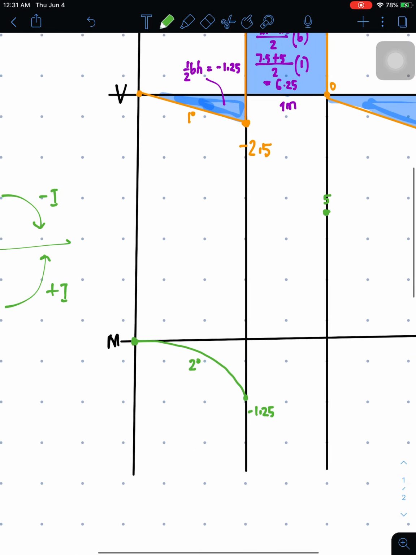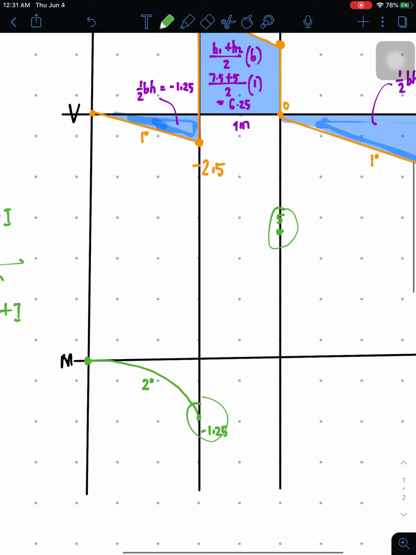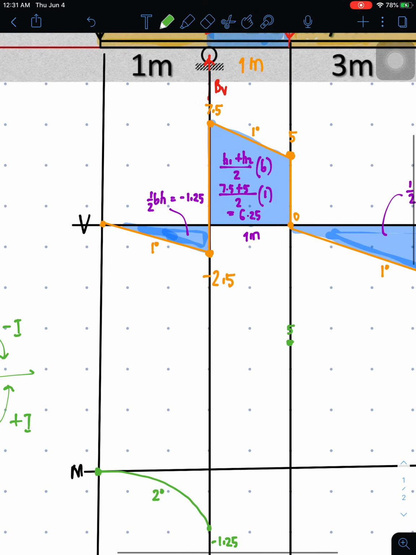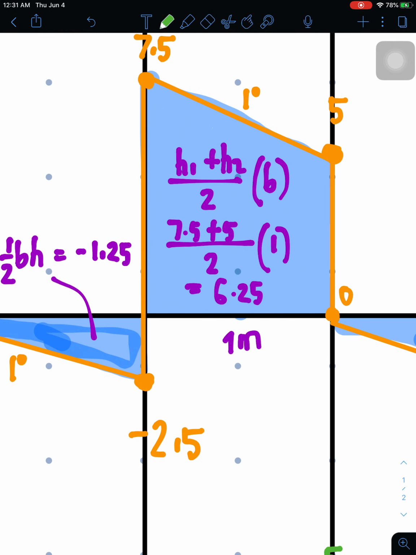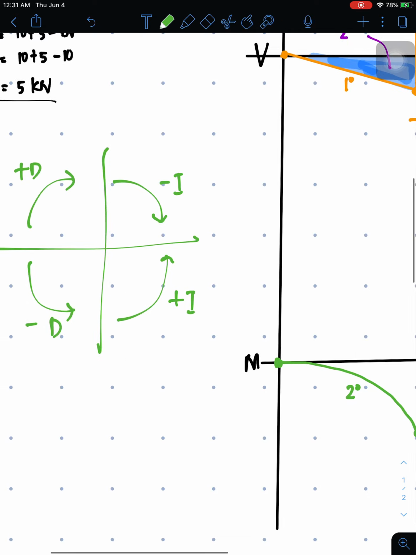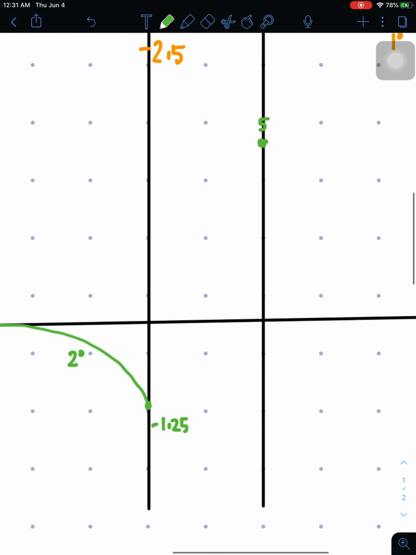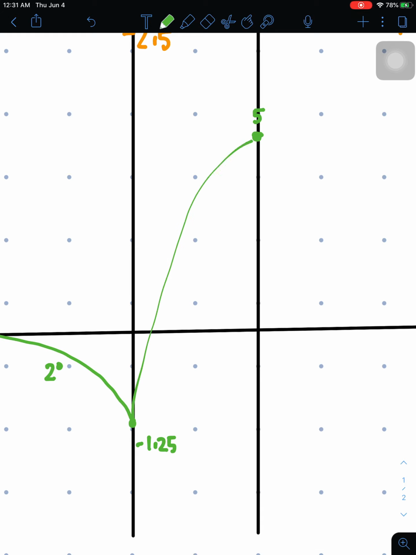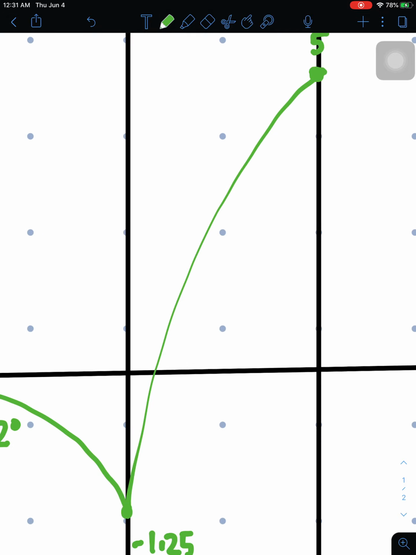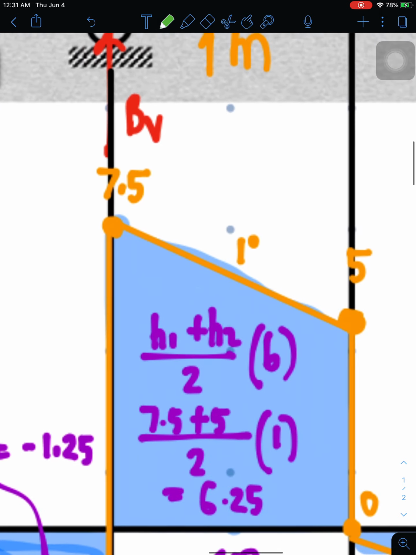Next, we're connecting the 5 and the negative 1.25, and atong i-base niya diri. This is positive area, so it's positive. And then from left to right, the lines are decreasing, so positive decreasing. How do we plot positive decreasing? So this is at second degree.